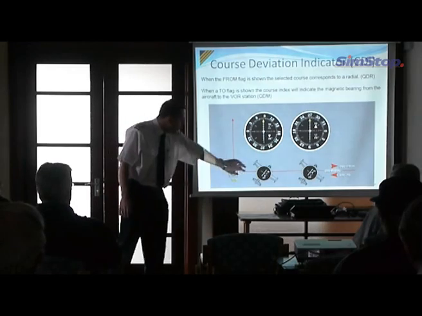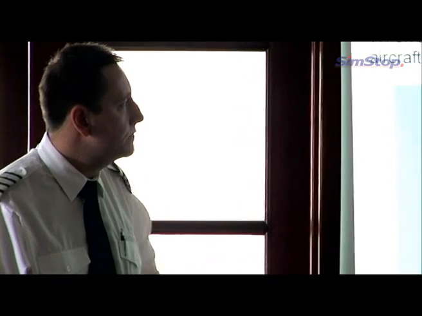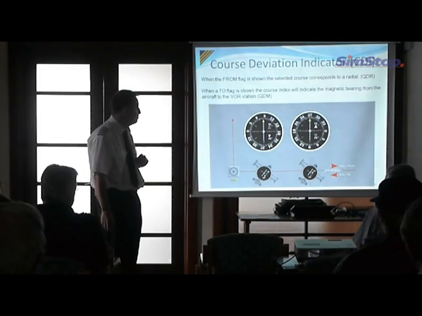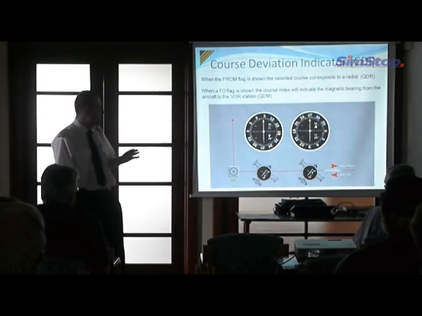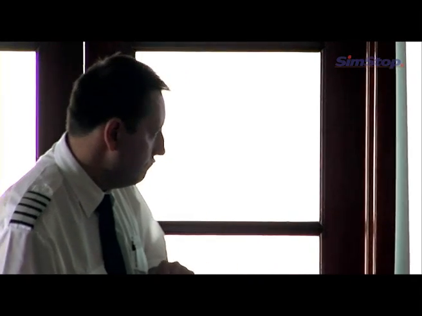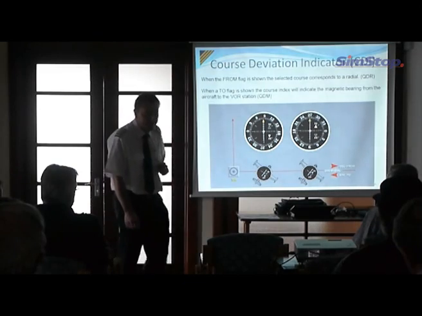But the 2 flag will show, so that means you're going to the station, to that radial. But again, independent of the aircraft's heading, as you can see on the right-hand side, the aircraft's heading 045, something like that, and we've got the 2 flag with the 270 radial displayed.